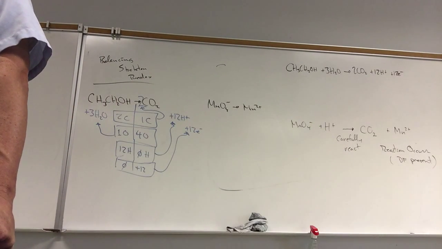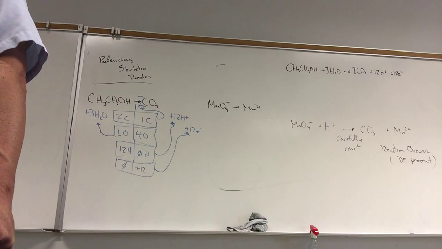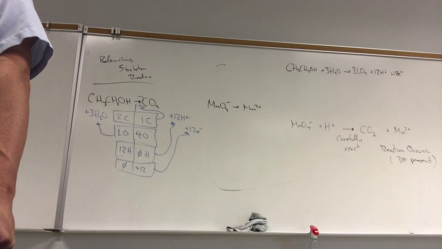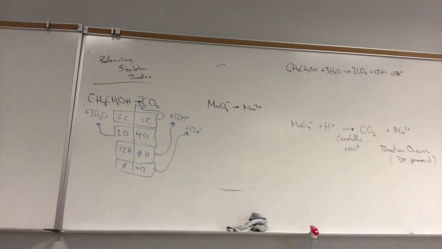Why are you leaving it at H+? Aren't you supposed to turn it into H3O+? H3O+ is technically more correct, and it is better, but it takes too much time. H+ is a shorthand representation for H3O+.